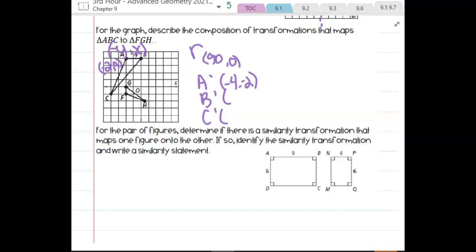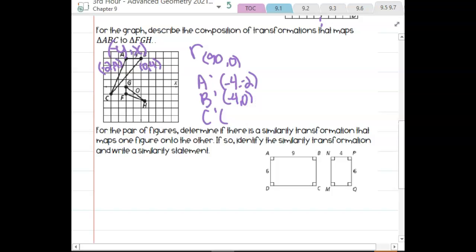B is at the point 0, comma 4. So to rotate it 90 degrees, we'll flip the 4 to a negative 4, and then flip the x and y, so it'd be negative 4, comma 0.